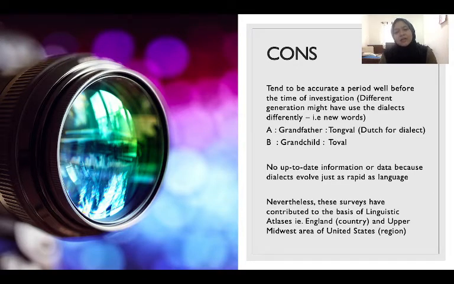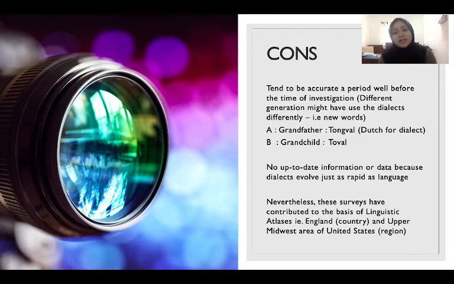For example, here the grandfather uses the word tongval, a dialect form for Dutch, but the grandchild is also speaking in dialect, but it's toval, which can be due to exposure to language. Just like language, dialects also evolve just as rapidly.